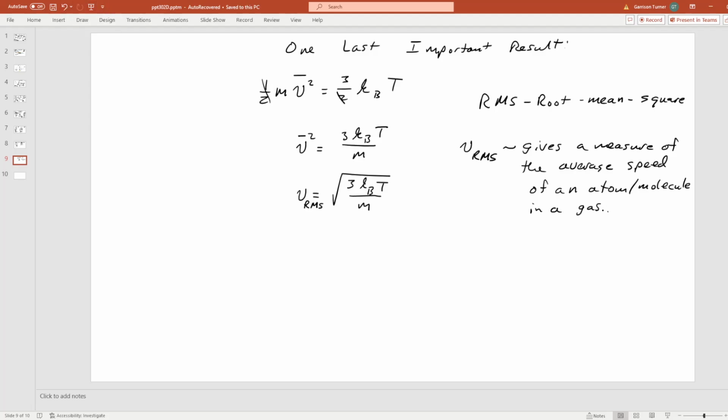And for the moment, we're assuming that this is an ideal gas. Okay. And so the whole point here, the take home message, is that your average kinetic energy is equal to 3/2 kBT. This establishes a relationship between temperature and kinetic energy. Okay, so temperature is a measure of the average kinetic energy of a particle in your gas.